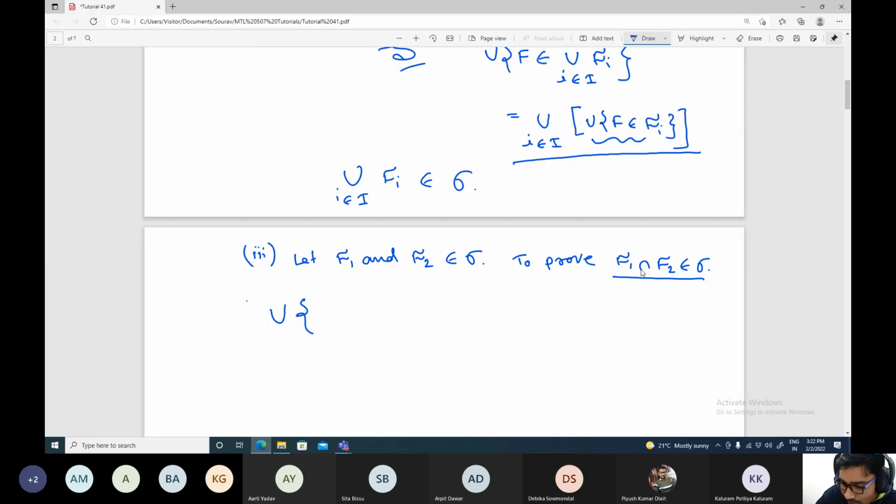Now you have to prove that this intersection is again in the collection sigma.